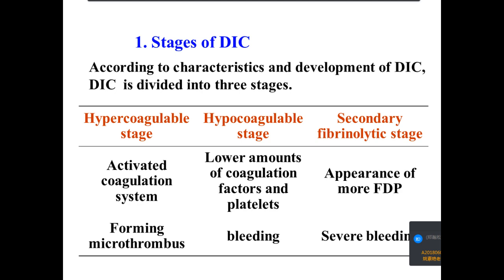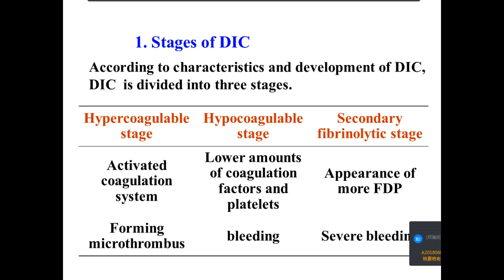From the definition, we know that during DIC, the etiology must lead to increased coagulation function, which leads to increased thrombin. So coagulation function increases, and this is called the hypercoagulable state.